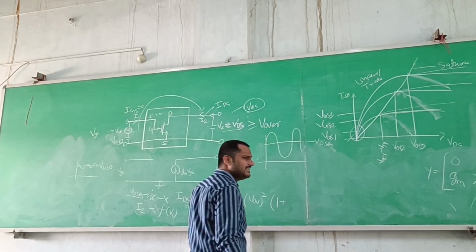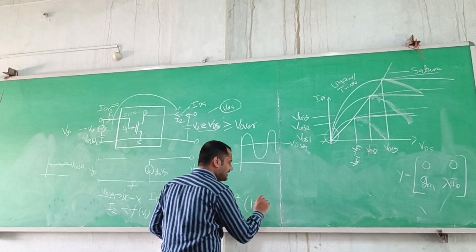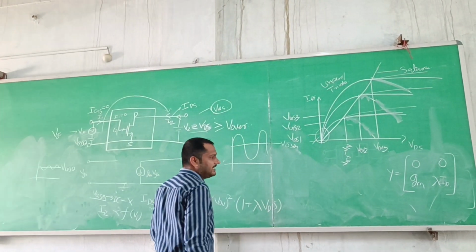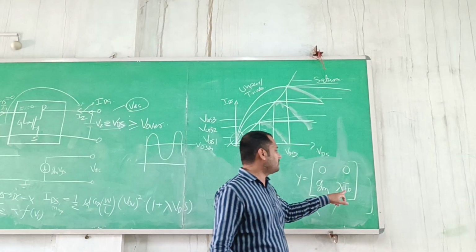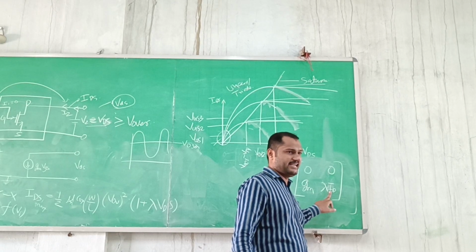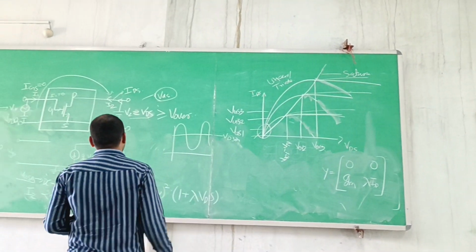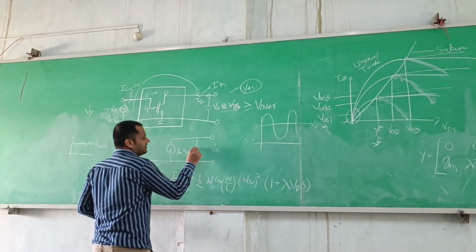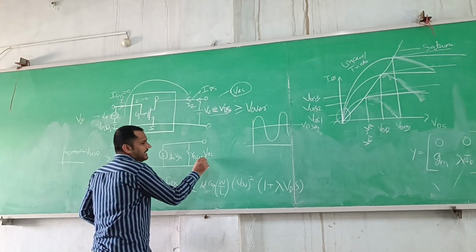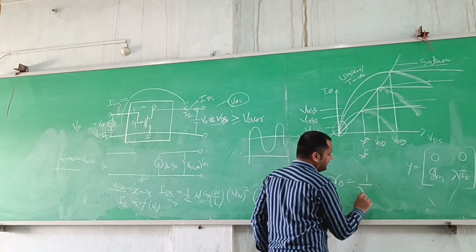When we study CLM again, studying the semiconductor device specifics, we correct our equation. Then this equation changes to 1 plus lambda VDS, and this parameter will come to be lambda ID. This is conductance. Here we use an output resistance RO due to CLM.